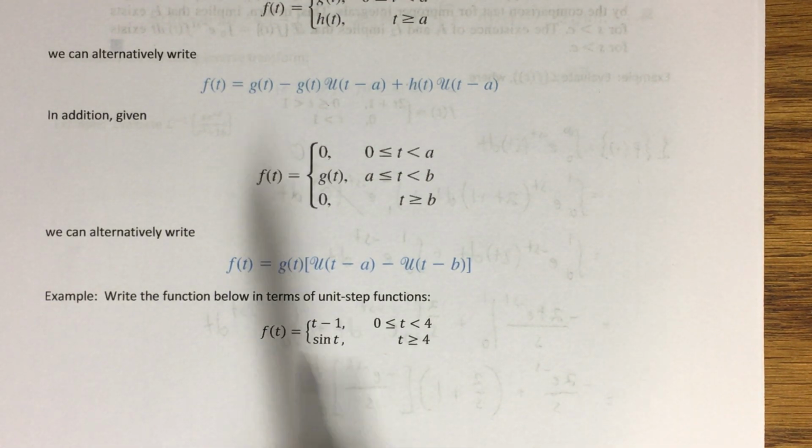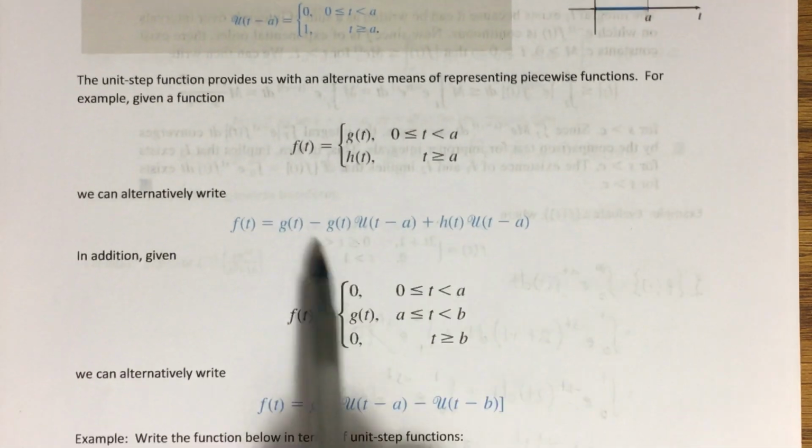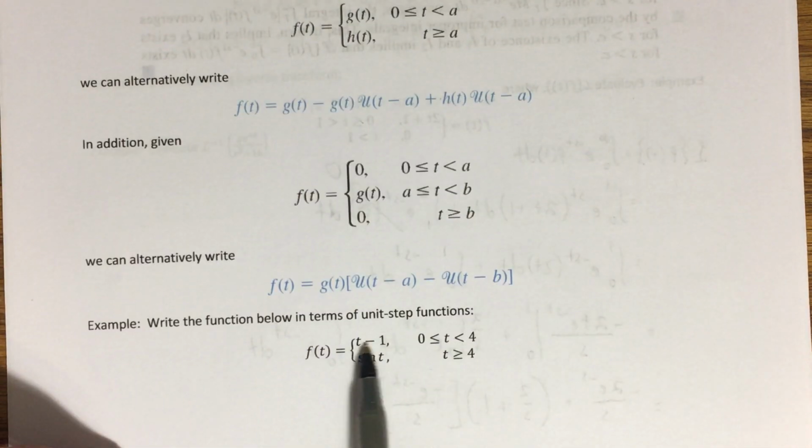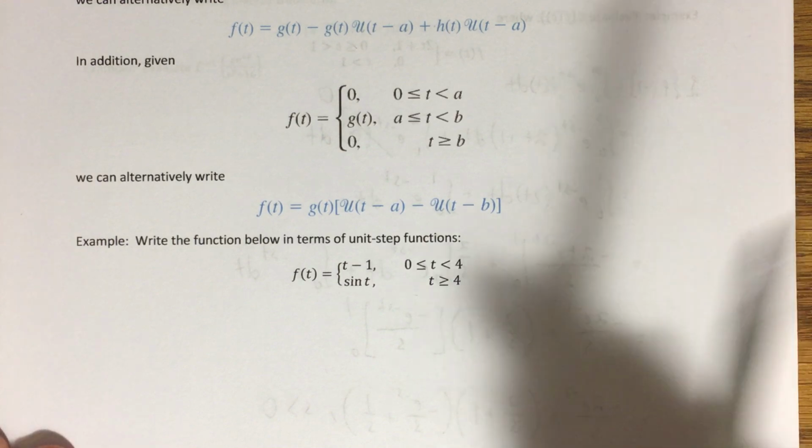Okay, so this fits this form, which means I want to plug my g of t and my h of t into that little formula right there. So let me put that up where we can see it.